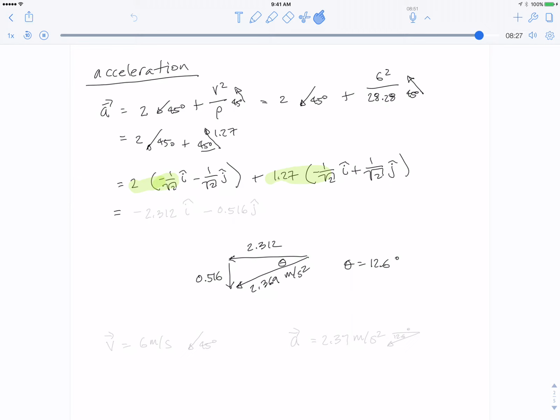So in the end, the velocity is 6 meters per second going down at 45 degrees, and the acceleration is 2.37 meters per second squared, angled down at 12.6 degrees. There you go.